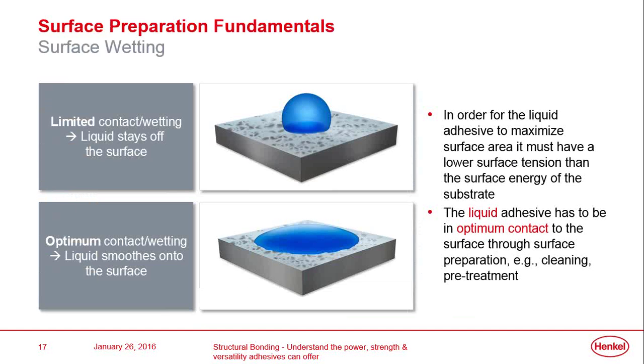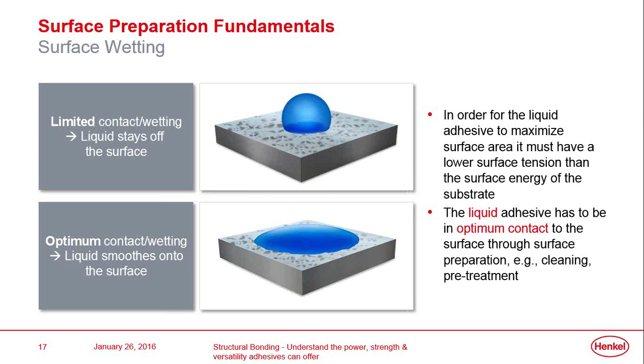So if we have a surface which is highly contaminated, for example, maybe with grease or oil, you can appreciate that when we put our adhesive liquid onto the surface, it's not going to spread out and make intimate contact because this film in between is preventing the adhesive from making good contact. So we're looking for optimum wetting. We're looking for the adhesive to spread out onto the surface. And the amount that the adhesive spreads is determined by the energy that the surface possesses and the liquid adhesive possesses.